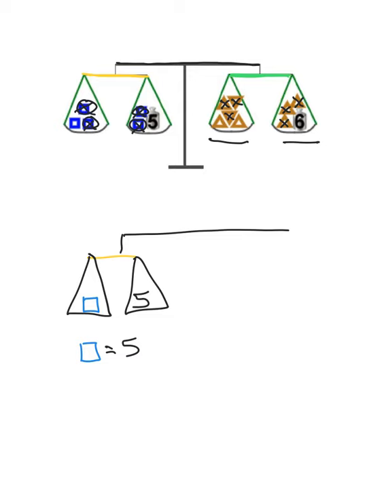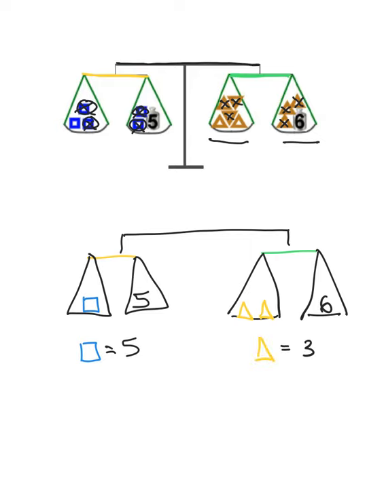When I remove the 3 triangles, I end up with a balance of 2 triangles left on my left side and a value of 6 on my right side. Since 2 triangles equal 6, one triangle must equal 3.